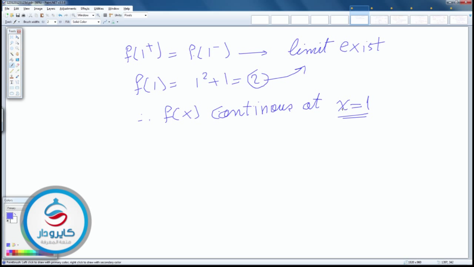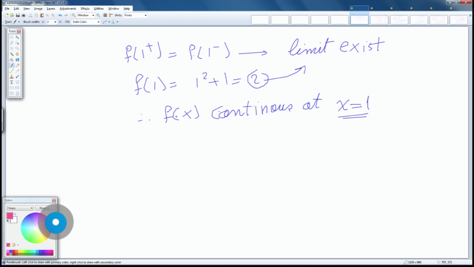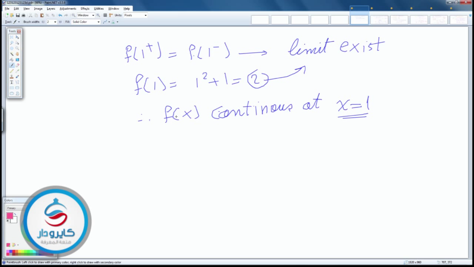Firstly we know that now f of x is continuous at x equals 1. That's the first thing. Now let's discuss the differentiability. Now we can discuss the differentiability since it is continuous. Suppose that while solving we didn't find it continuous, then straight away we say it is not differentiable.